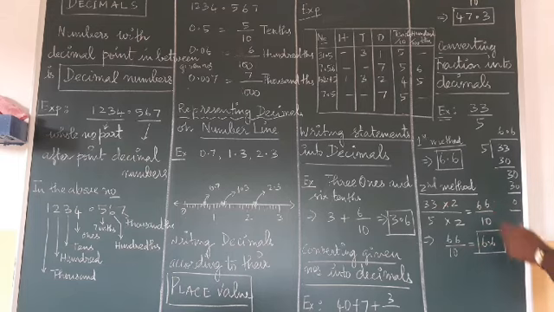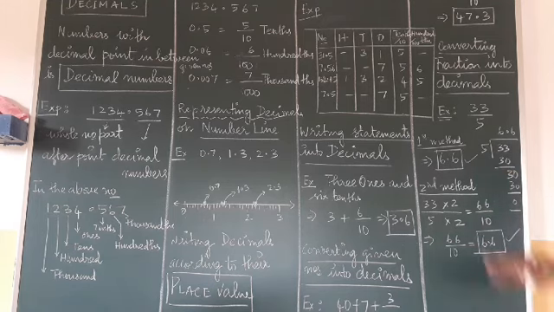As we know, any number upon 10 means 1 digit you have to put decimal. So 66 upon 10 means 6.6. See, in this method and that method, the same answer you will get. Either by the division method you can do, or by converting into 100 or 10 multiples and putting the decimal point directly to convert into a decimal number.